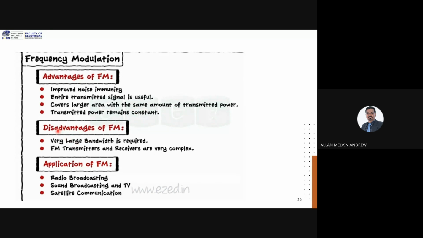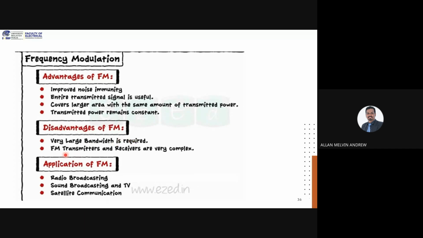But there are some disadvantages also. It requires very large bandwidth, because when you're dealing with a bigger frequency range, you need a larger bandwidth, as the maximum frequency and the minimum frequency will have a huge gap. The range will be higher.